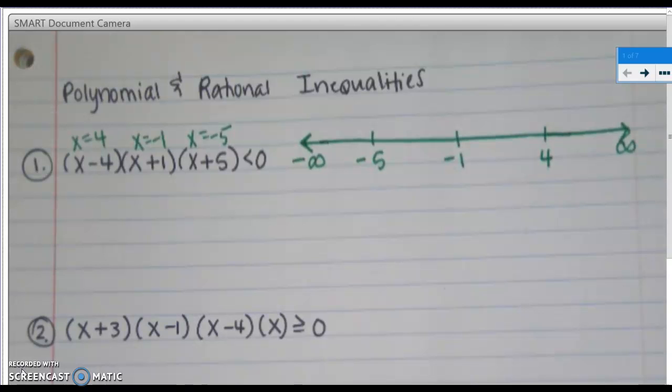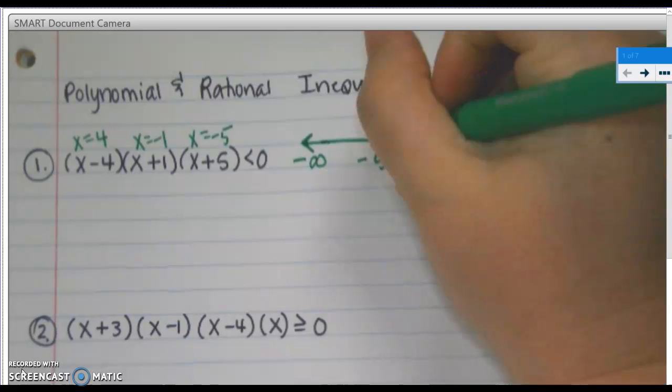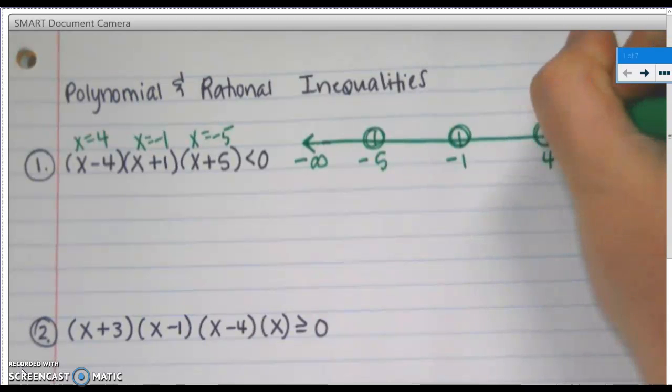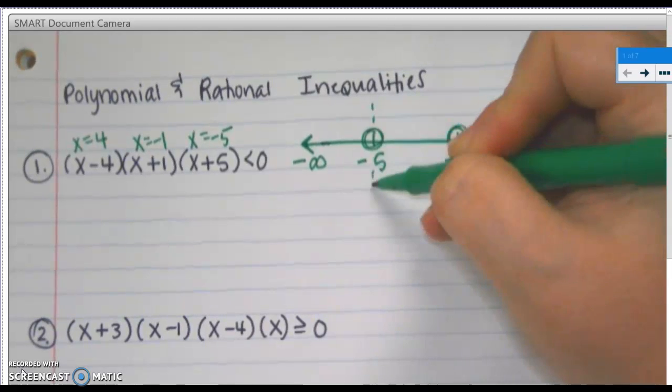All right, the next thing that we have to look at is the inequality symbol. I want these to be less than 0, not less than or equal to 0. So these numbers make it equal 0. So I need open circles on my critical values for this one.